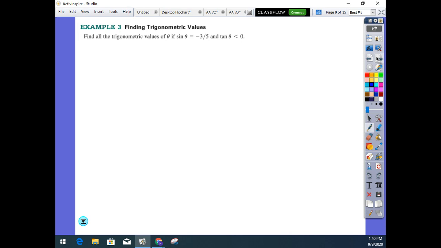Okay, now finding values is going to be pretty important. It wants us to find all the trig functions of theta. This says sine is negative and tangent is also negative. So let's think about this.